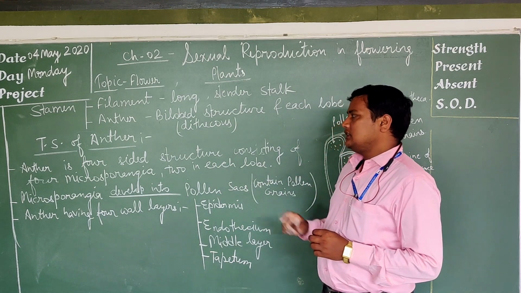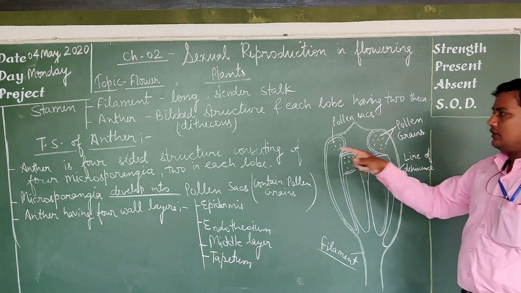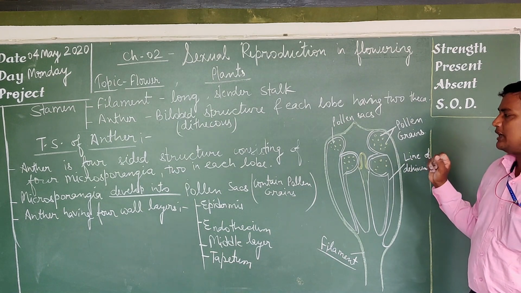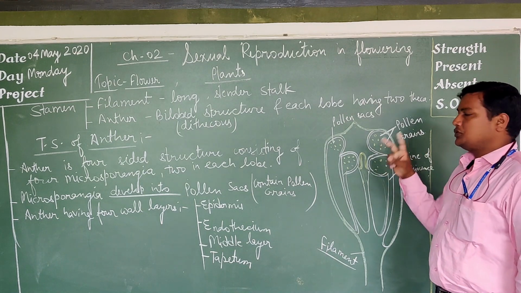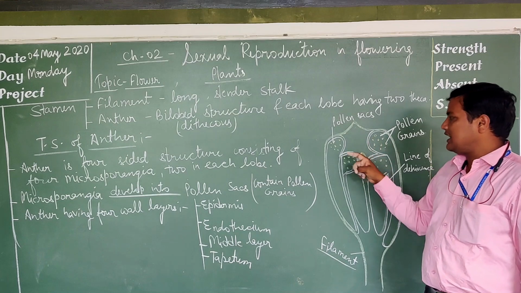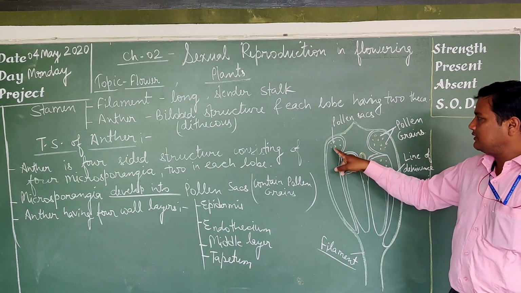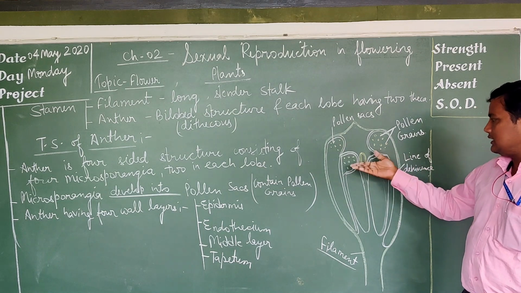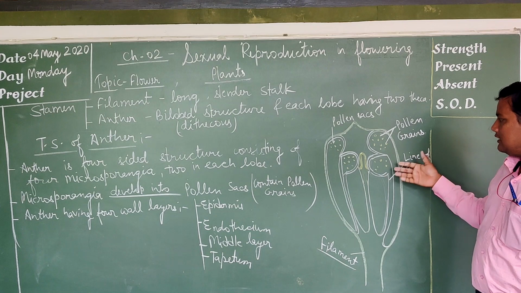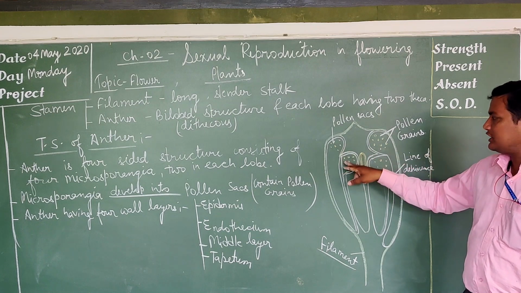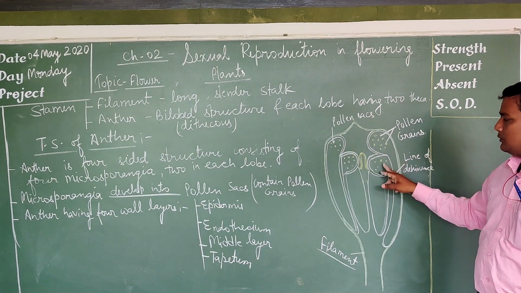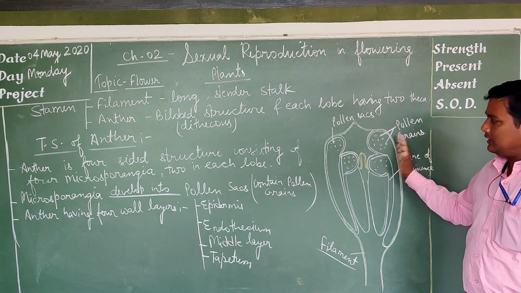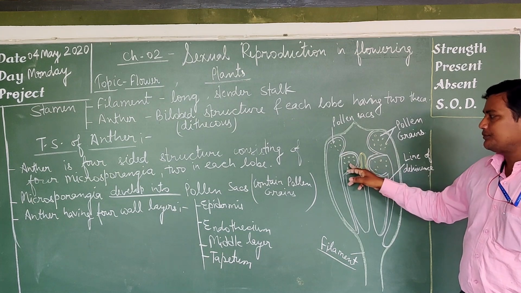When we cut the transverse section of the anther, we get the four microsporangia, two microsporangia in each lobe. So after cutting the anther, we get a four-sided structure: 1, 2, 3, 4, and this is one lobe and this is the second lobe, and each lobe has two theca.